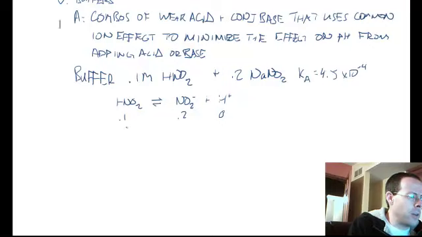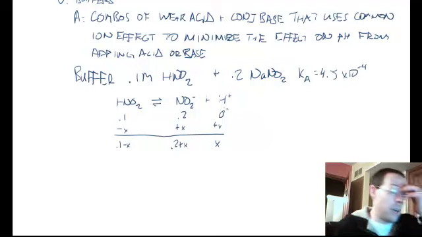Originally we have 0 H+. This is going to change positively X, and at equilibrium we have 0.1 molar minus X of nitrous acid. We have 0.2 molar plus X of nitrite, and then we have X of hydronium.